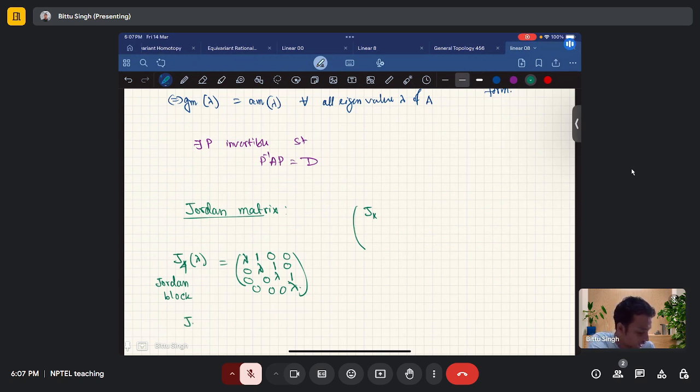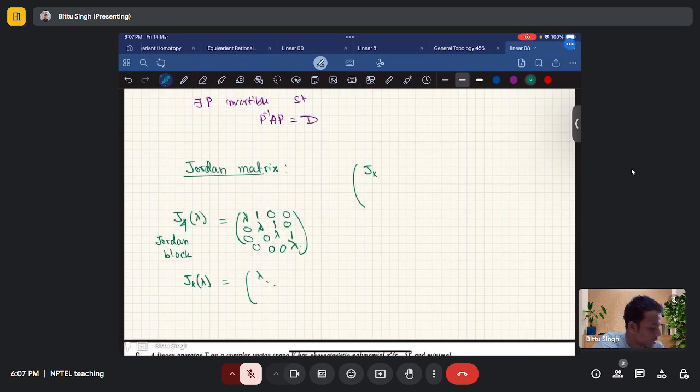Similarly, any Jk lambda takes this form: diagonal entries are lambda, and just above the diagonal there are ones.